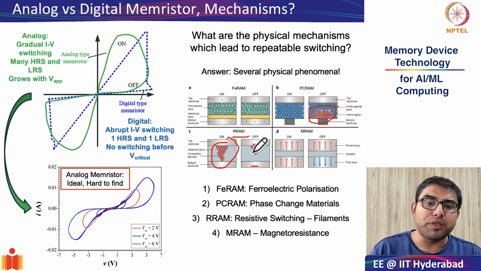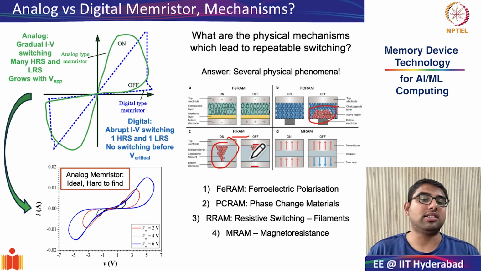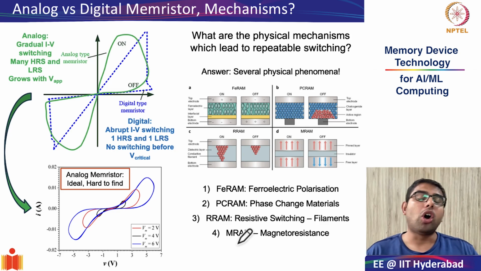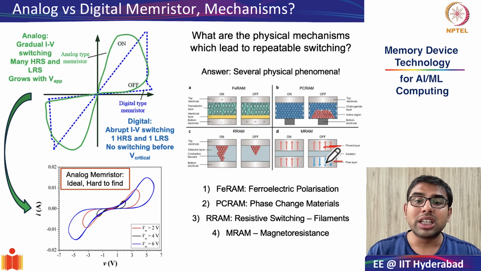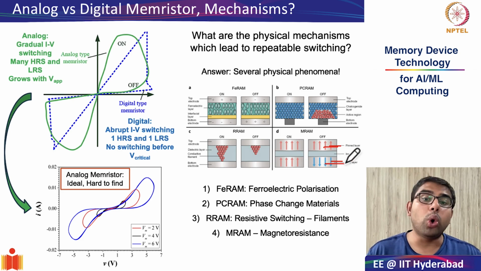And when this filament is dissolved, the device goes back to high resistance state. And finally, we have something called MRAM, or magnetoresistance based random access memories, where depending on the magnetic polarization of the two layers, the device can either be in high or low resistive state.